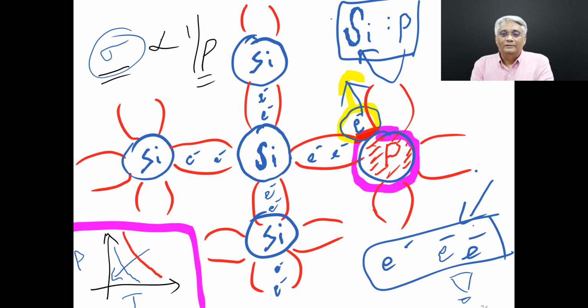While we know that metals have a sea of electrons, they have a Fermi sea. Electrons are the charge carriers in metals, right? You don't talk about the presence of holes in metals. So the conductivity in metals is all from electrons, so-called free electrons.